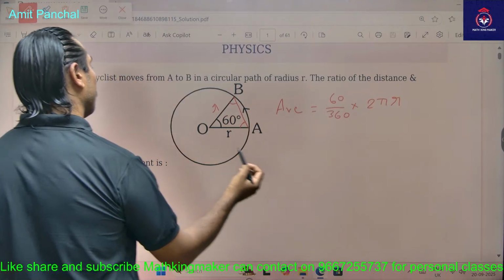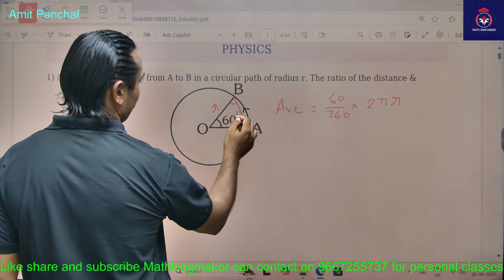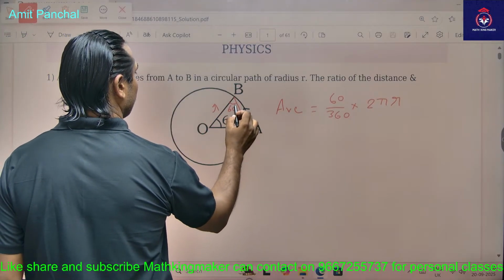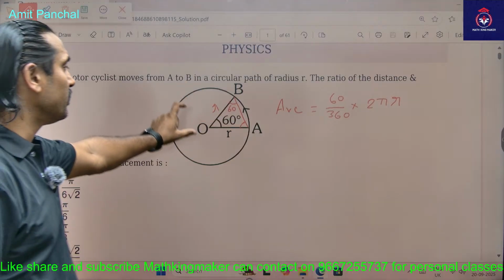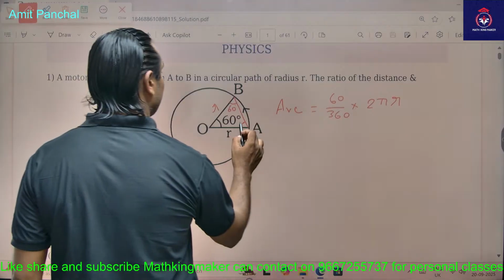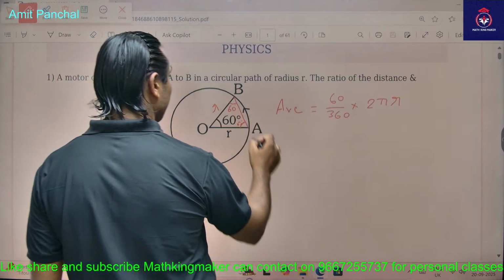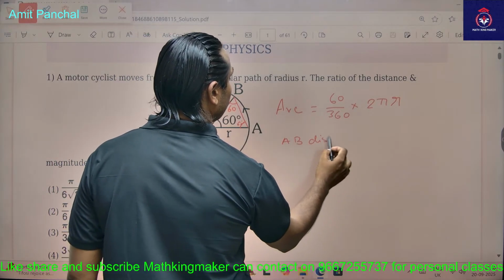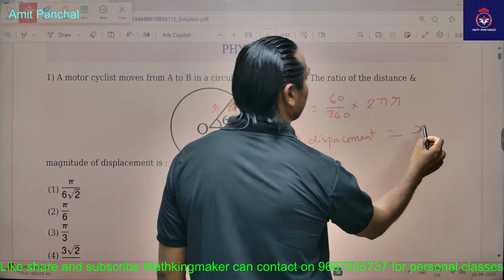How much will it be? It will be 60 and 60, because the remaining part is 120 degrees. That means it is an equilateral triangle, so AB will be the radius, R.